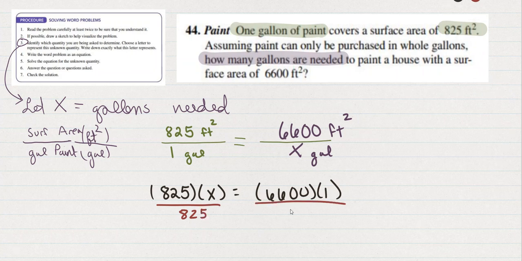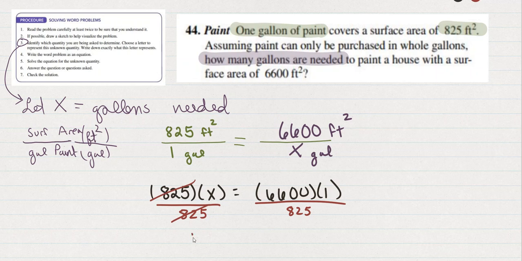In order to solve for X, I'm going to use basic algebra of solving an equation, and that's going to be to divide both sides by the 825. Now, just a quick review of that. I want to solve for X, so that means I want to get rid of this times 825, and that's why I'm going to divide by 825, because dividing will undo multiplying.